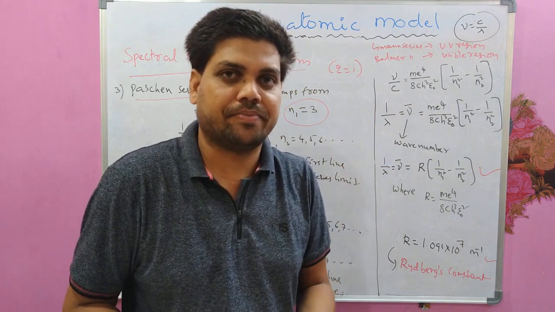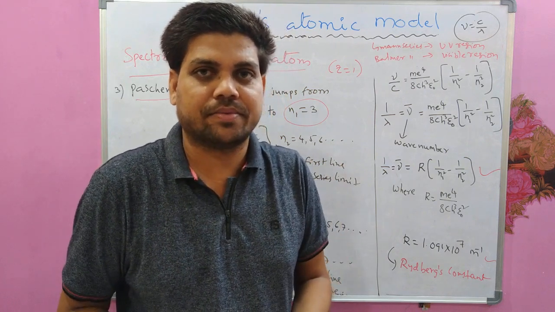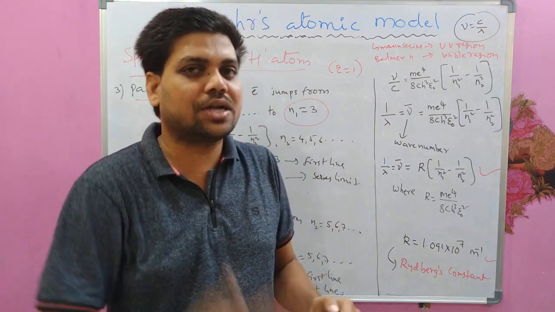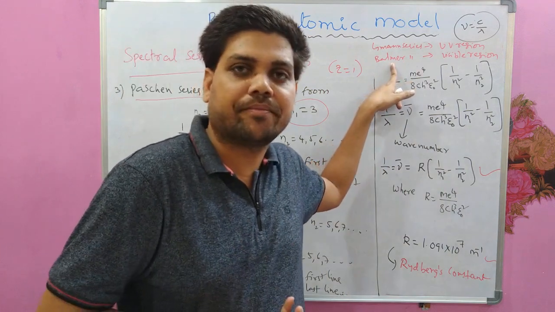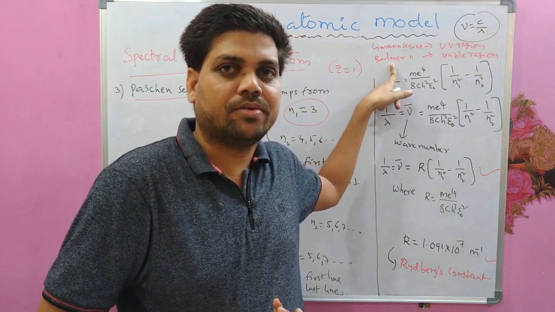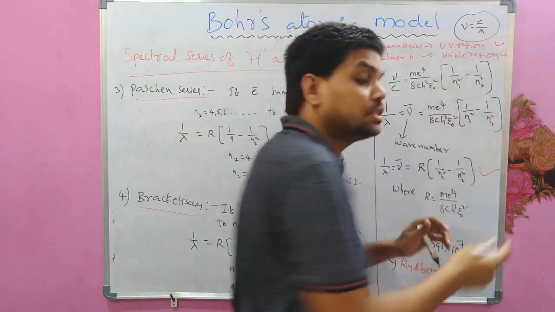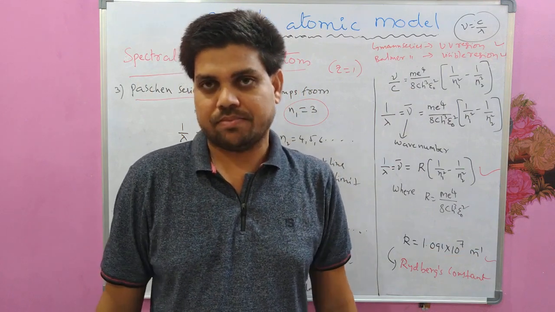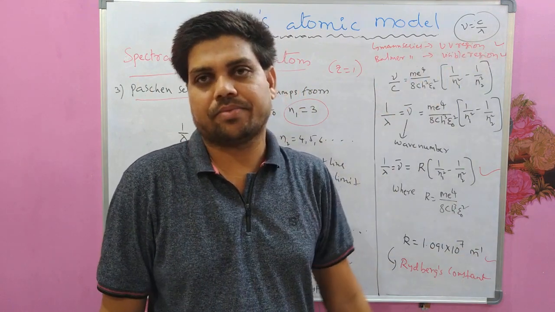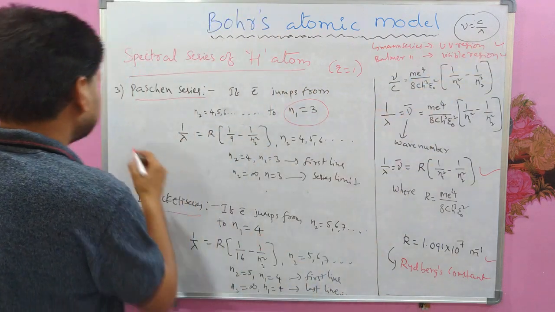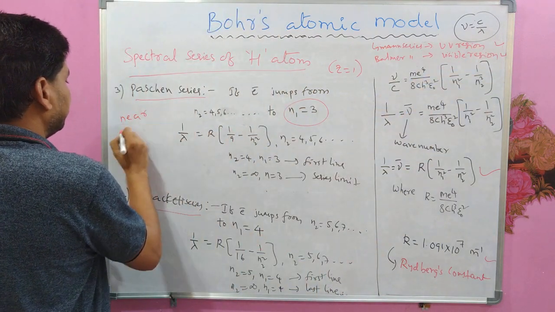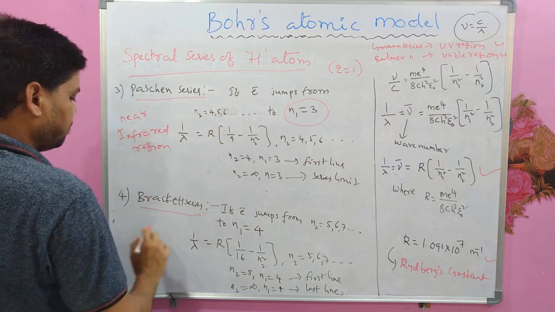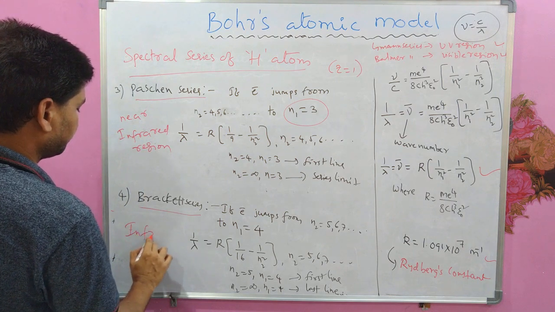It is visible light. That is why we are concentrating on the H alpha line, H beta line, H gamma line, etc. in the case of Balmer. You have to remember which spectrum is lying in which region of the electromagnetic radiation spectrum: ultraviolet, visible, and partially near infrared. And the Brackett series lies in the infrared region.